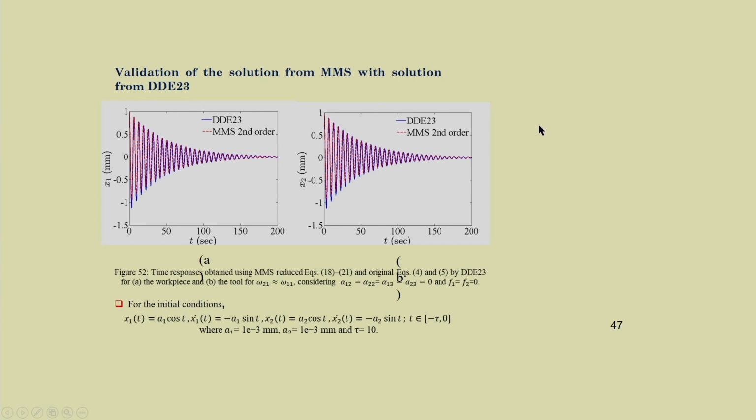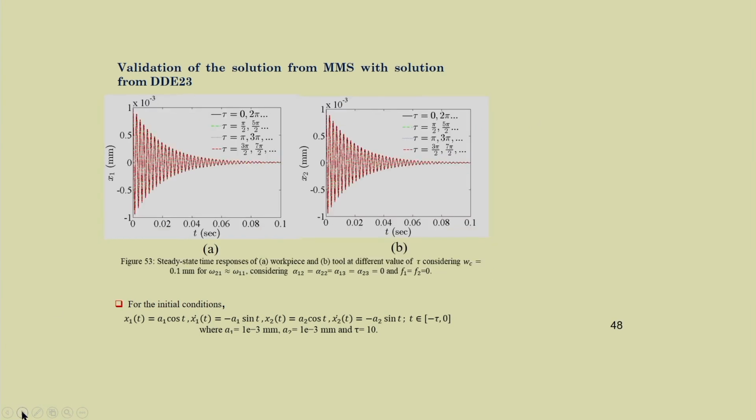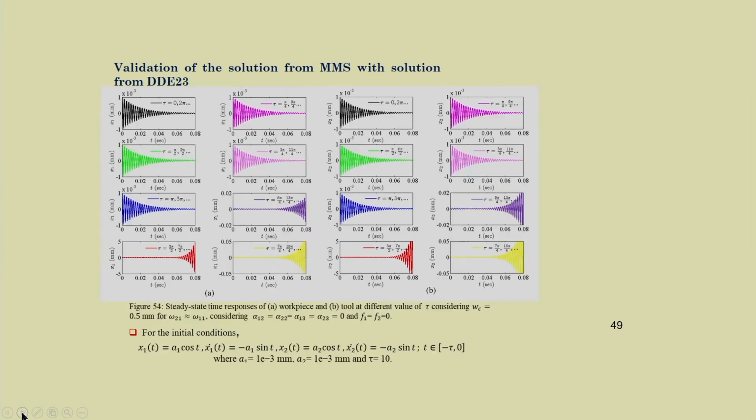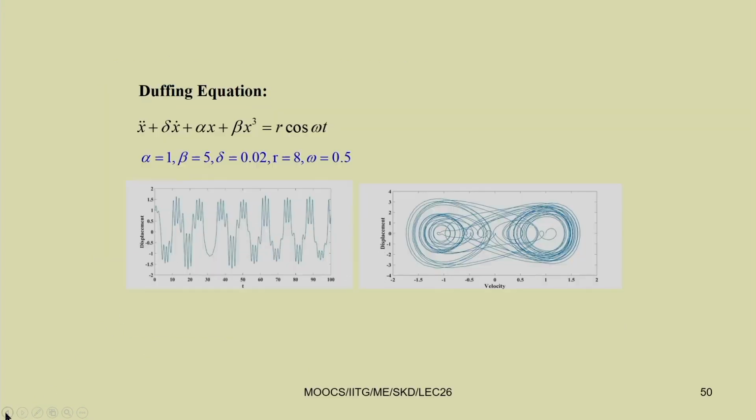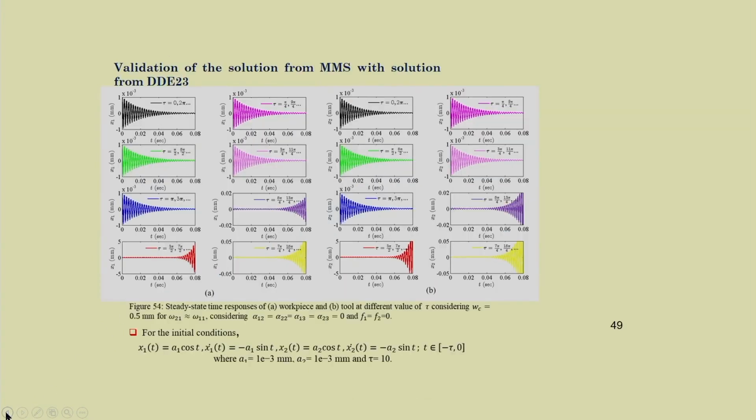You have to keep the previous history and substitute that history to find the response of the system. Here, for different values of tau also it is verified. The response has been plotted and several variations have been carried out. This way you can solve the delay differential equation.